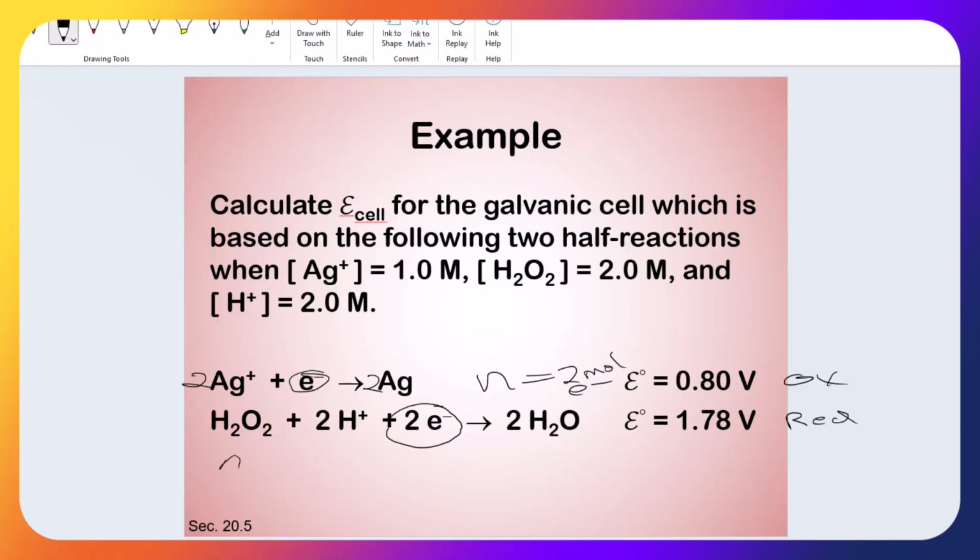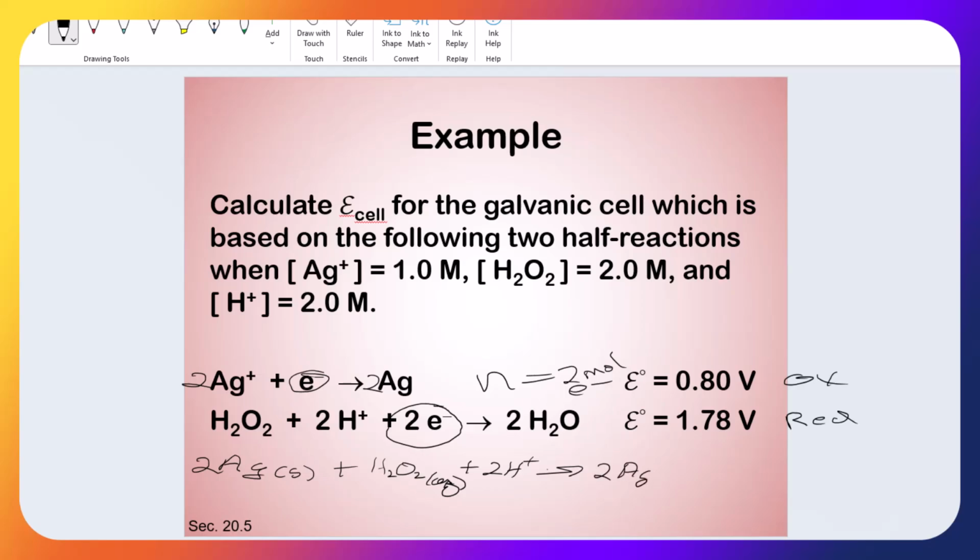So I've got Ag solid plus H2O2. This is aqueous, so it goes in our equation. And then we've got a couple of hydrogens. That's important. And we know we're going to have 2 electrons here. And so this is going to be 2 of these. That's going to give us 2 of these.